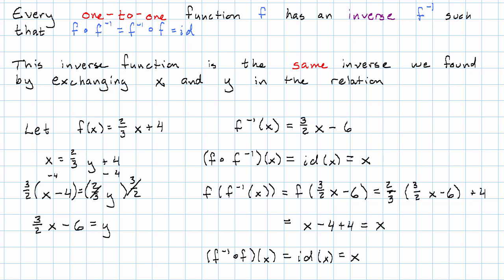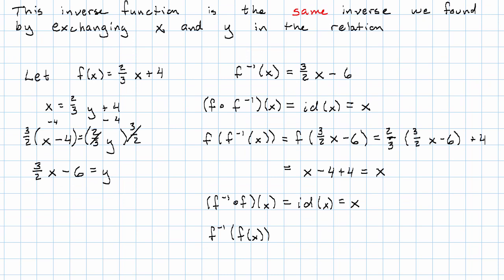Okay, so we take f inverse of f of x, so that'll be f inverse of 2/3 x plus 4, which should be 3/2 of our input, 2/3 x plus 4, minus 6.